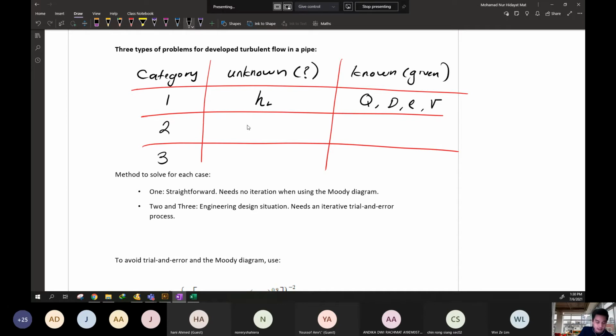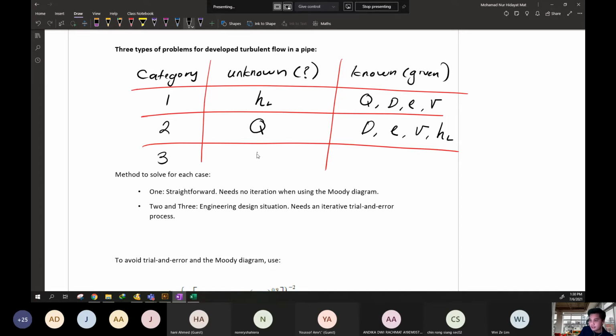The second problem is quite hard. They need you to find the flow rate of the water, given the diameter, the roughness height, the velocity, and the head loss. And the final one asks you to find the diameter of the pipe.